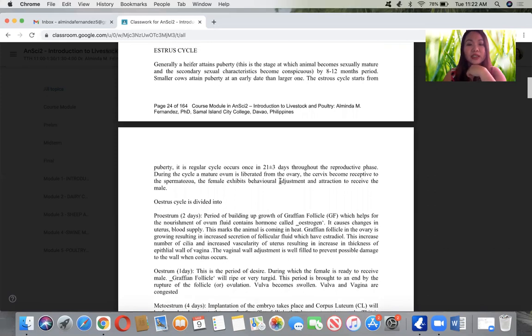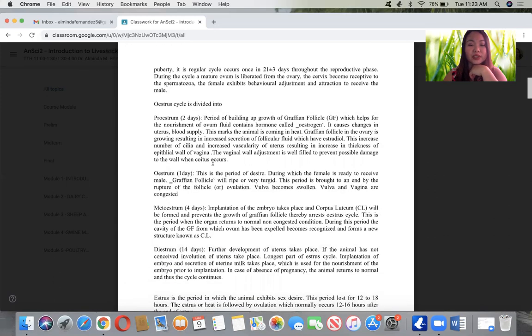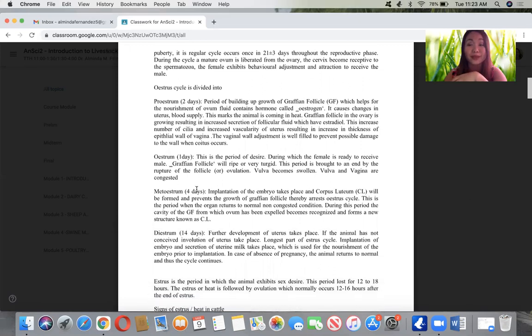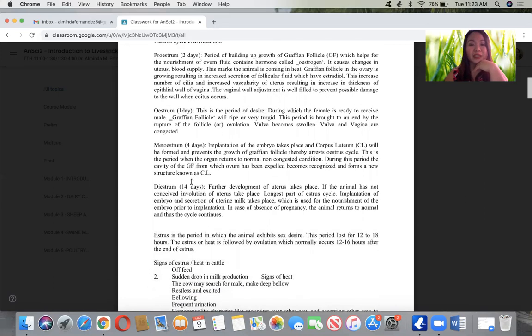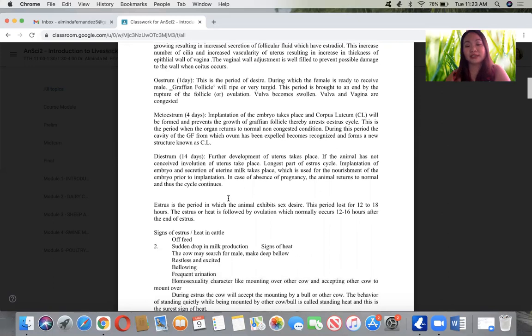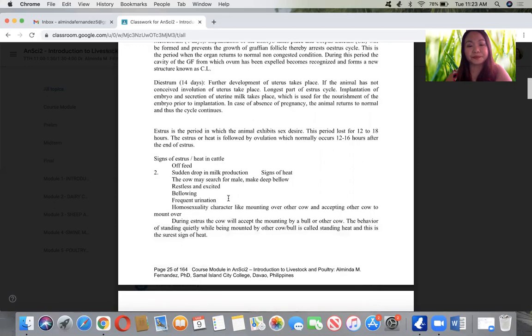Usually the cycle is within 3 days only: 2 days of proestrum, and the heat is just 1 day per 23-day cycle. And if mating occurs, there is metoestrum for 4 days and diestrum, which is the pregnancy.